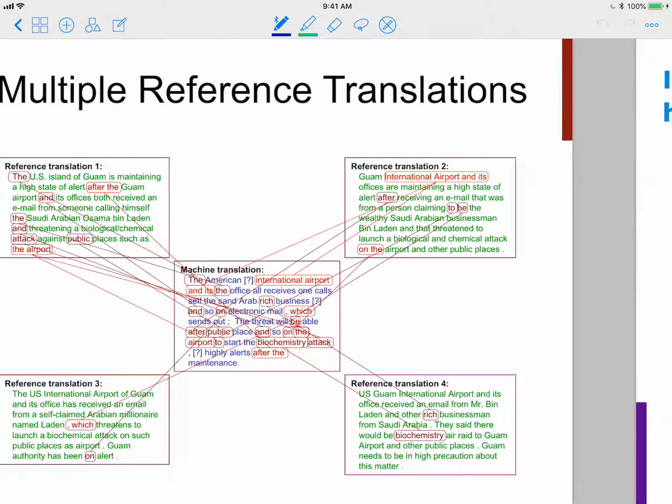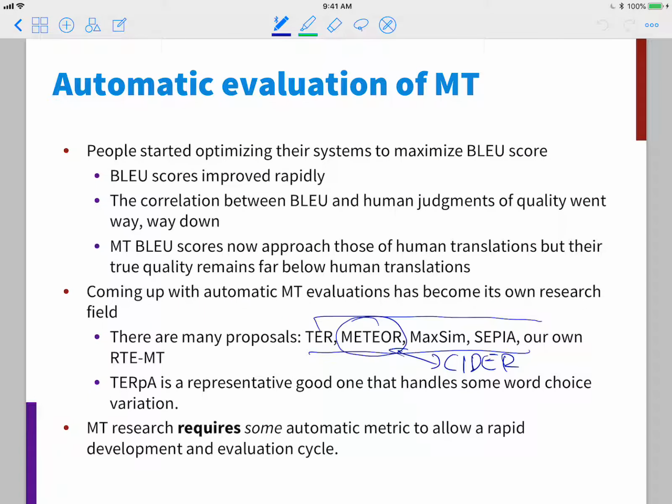Such a measure incorporating word similarity instead of just exact match is corresponding to, I'm not sure which one, maybe both of these, but those other measures take into account such word similarities as well.